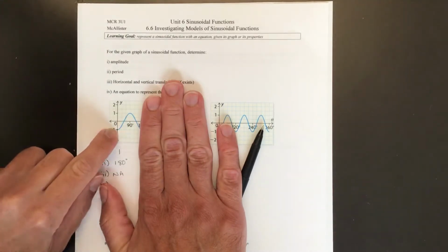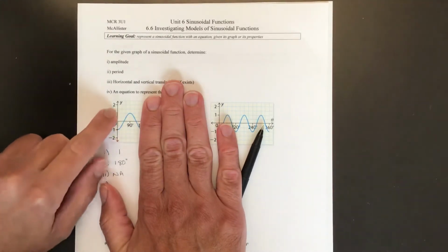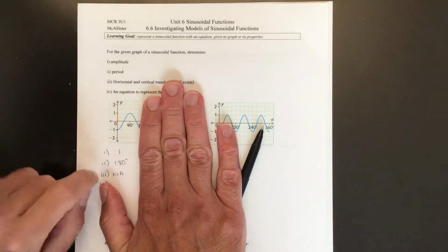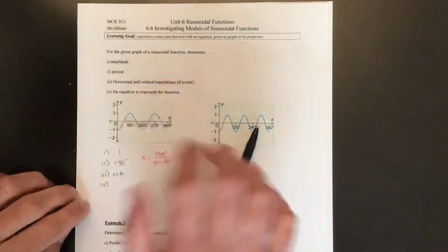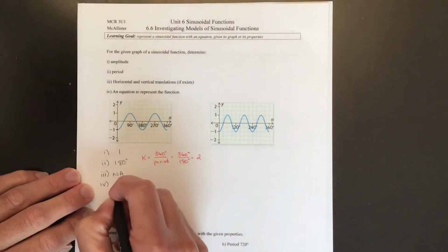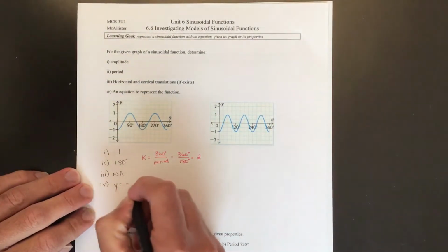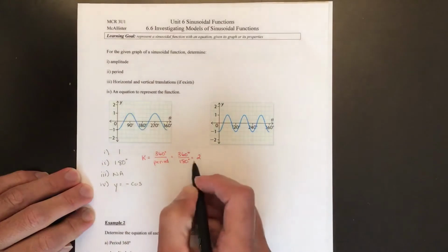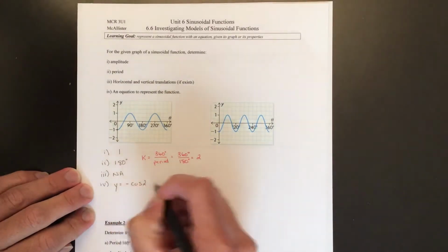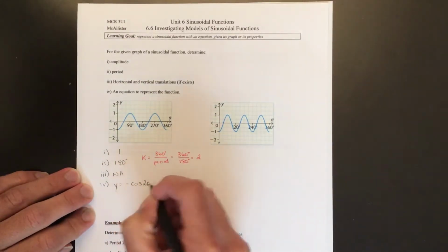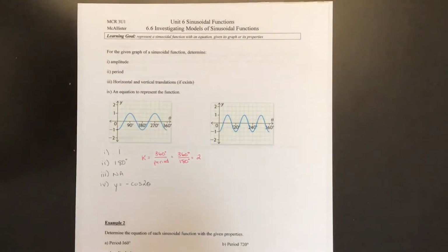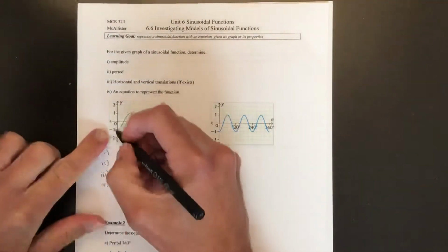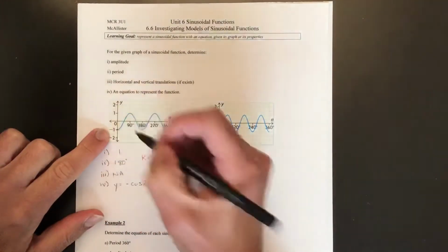I'm starting at a minimum point of -1 rather than starting at +1 for a cos curve. So my equation could be y equals negative cos, my k value is 2, and then theta, because theta is what's representing my x. Or it could be negative cos 2x if we wanted. That's if I start here at the y-axis.